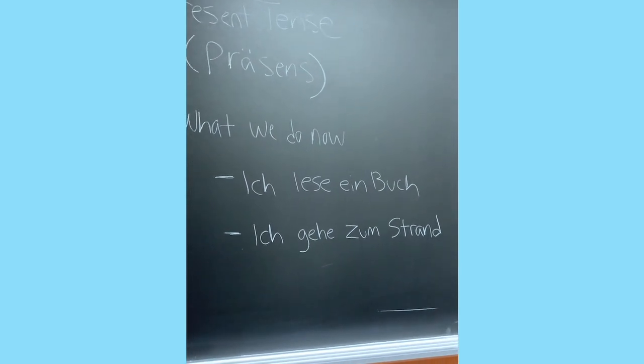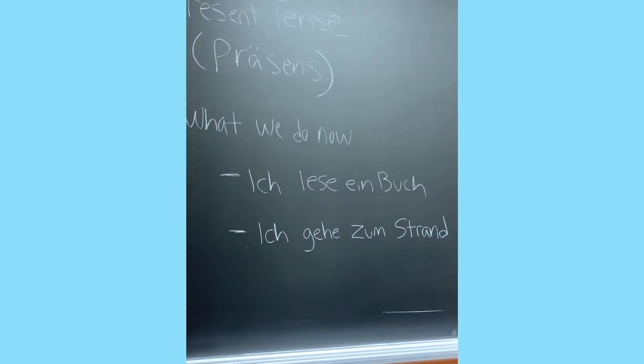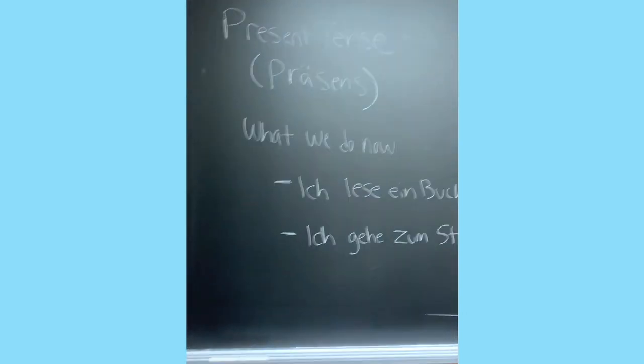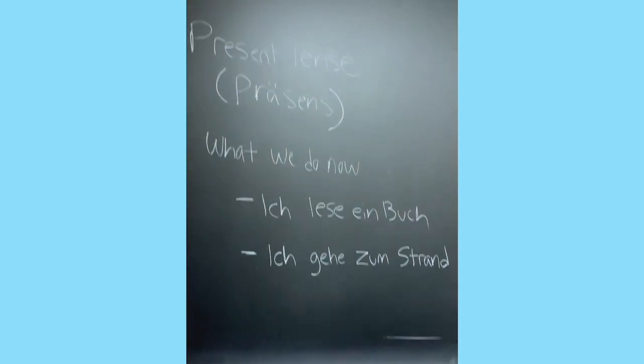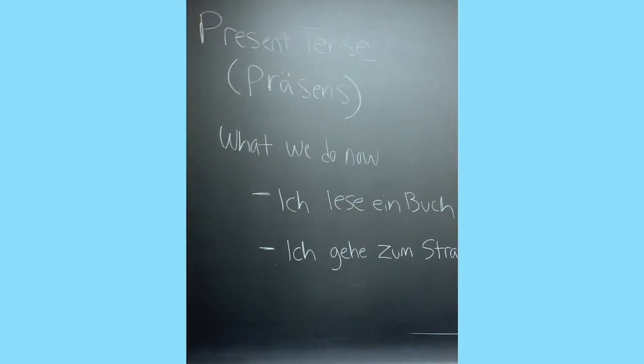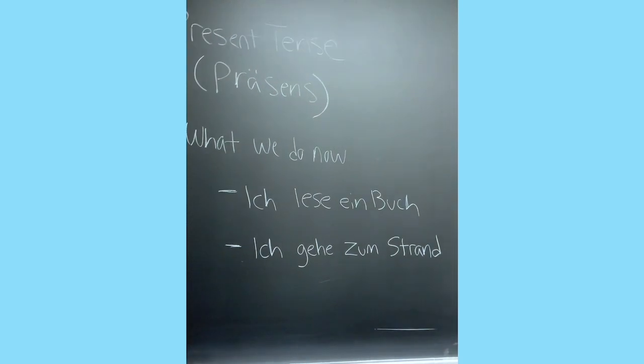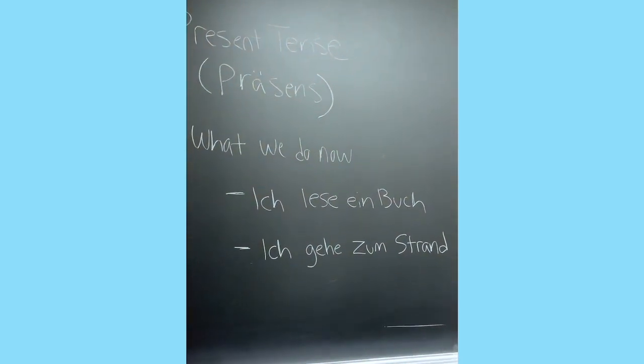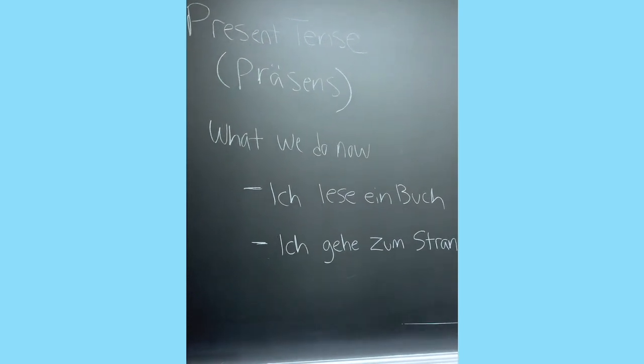I read a book. Ich gehe zum Strand. I go to the beach. The present tense is usually the most often used tense. It's just what you're doing in the present. It follows the normal subject-verb conjugations we have in German, and it's pretty easy going.